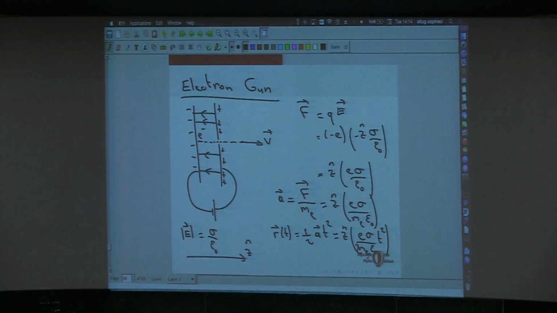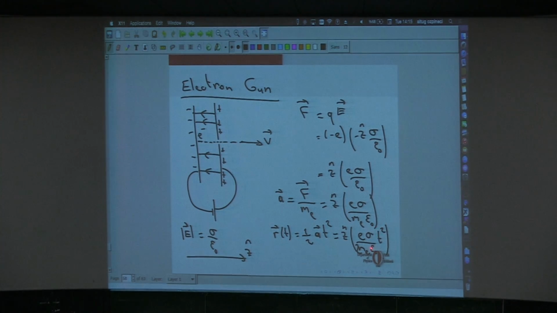So in fact, such a setup would allow you to determine the E over M ratio for the electron. If you can determine how long it takes for the electrons to reach from this point to the other plate by just putting some detector on this hole, you can measure the time T.